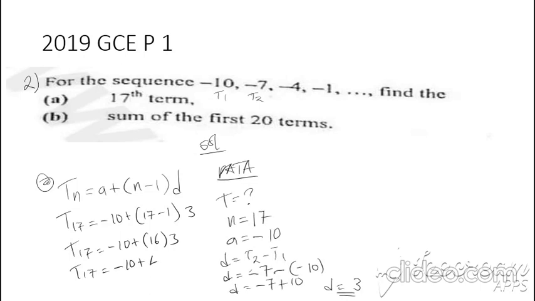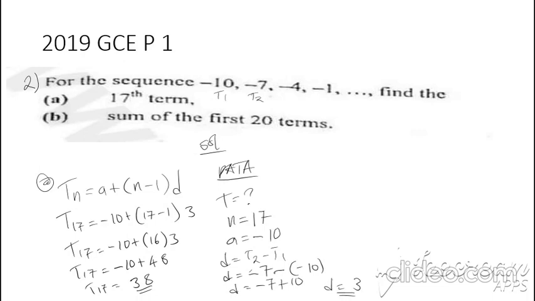That's 48. So T17 is equal to 48 minus 10, so we are going to have 38, positive 38. Then you are done for that.